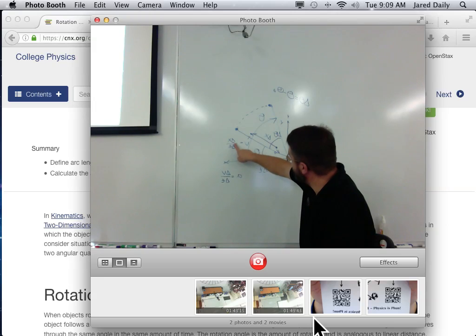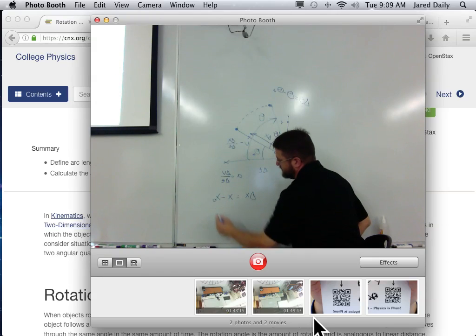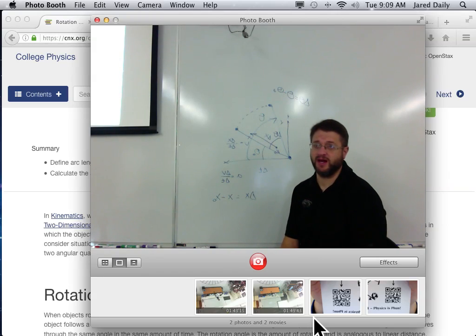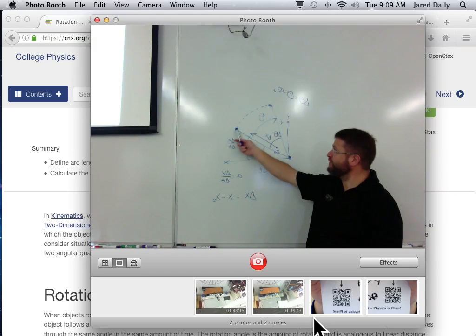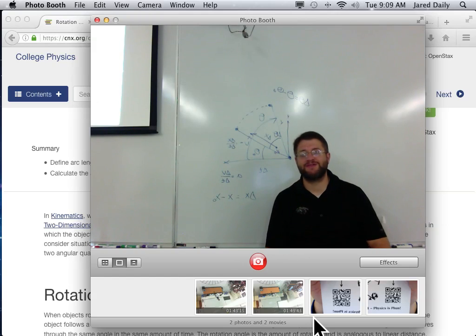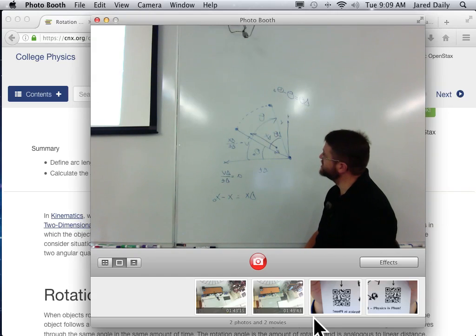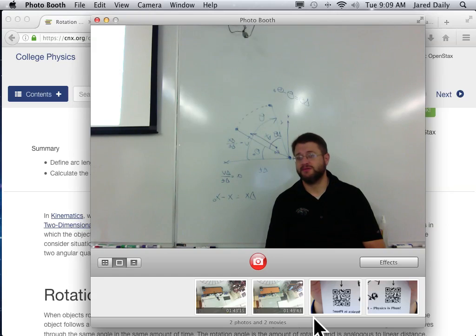Just like delta x was equal to x minus x naught, x final minus x initial, right? So it's still a kind of movement, but it's just not in a straight line. It's along the edge of a circle. It's like a trajectory? No, a trajectory is different. A trajectory is not along the edge of a circle. A trajectory is along the edge of a parabola.